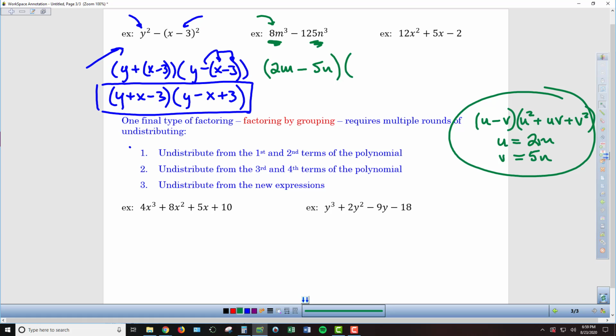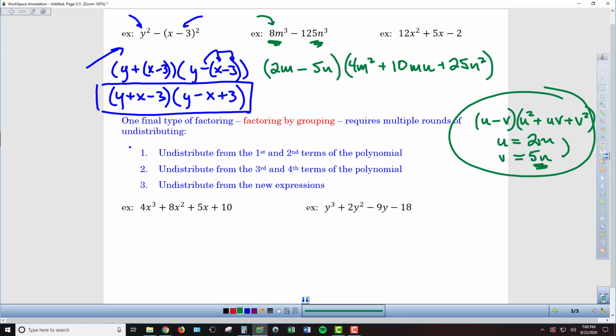And then my second set of parentheses is going to be 2m squared, so 2m times 2m, be careful, that's 4m squared, so the 4 is because we have to multiply 2m times 2m, and plus we've got u times v, so 2m times 5n, we're just multiplying these two together, so we get 10mn, and then lastly we have a v squared, so we've got to square this 5n, so 5n times 5n gives us 25n squared.